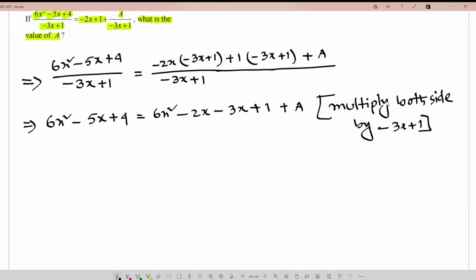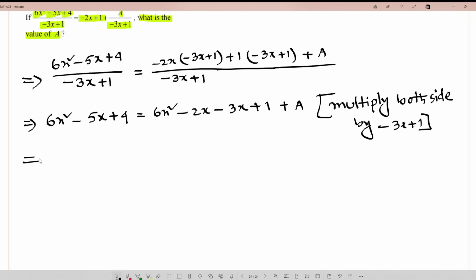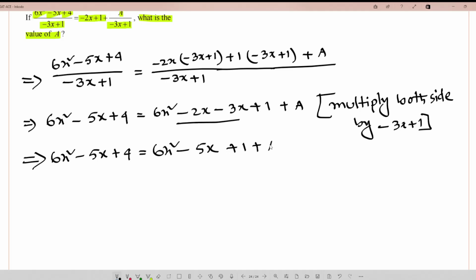Okay, now look, here is 6x square minus 5x plus 4, and here is 6x square. Similar, here is also minus 5x plus 1 plus a.